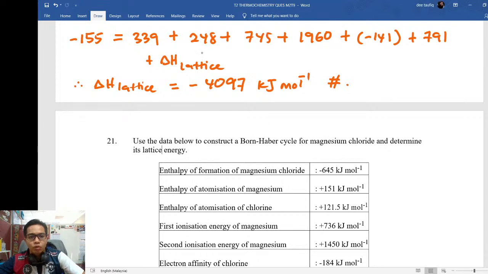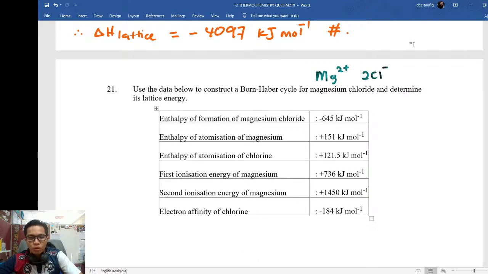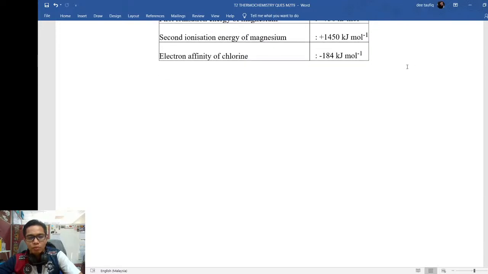Magnesium chloride is magnesium 2 plus chloride, sebab kita perlukan 2 plus, so dia akan jadi 2Cl minus. So table tolak tepi dulu, kita nak construct kita punya cycle.